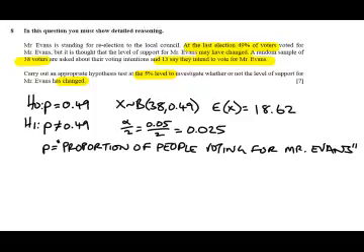Our test statistic was this 13, so I know I'm going to need to calculate a probability involving that 13. I want it to be more extreme than 13. I want it to be the number 13 and even further away from the mean than 13. So, since the mean was 18.62, I'm looking for everything less than or equal to 13.